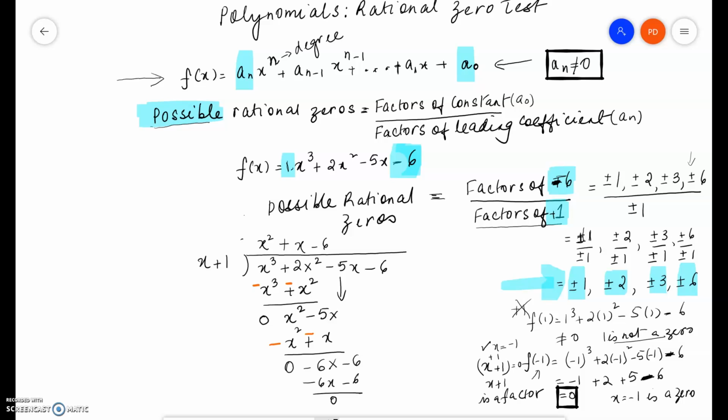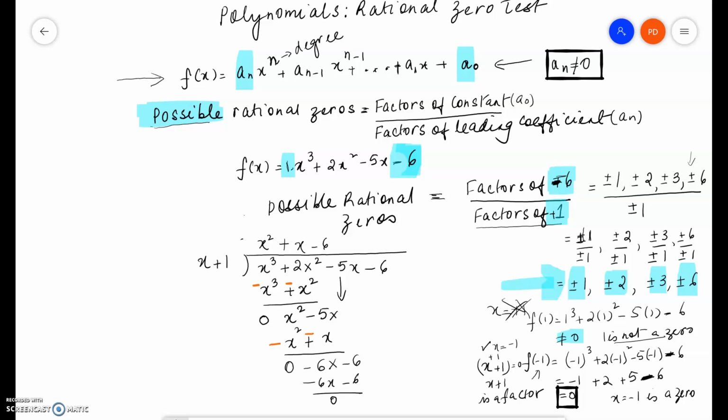Now if the numbers are small enough, an easy way to check if they are roots is by just plugging the numbers into the function. 1 is easy enough to plug in and figure out whether it is a 0 or not. When we plug in a 1, we get a number that's not equal to 0, so x equals positive 1 is definitely not a 0.